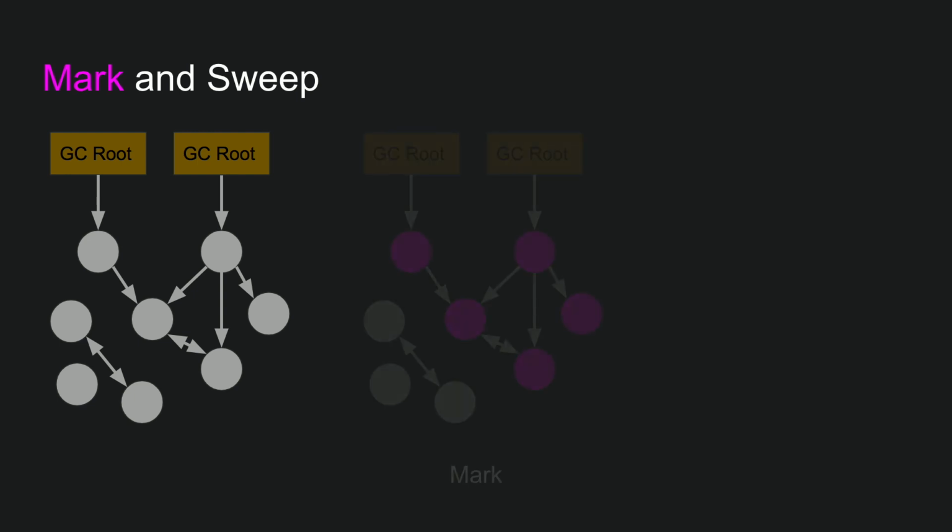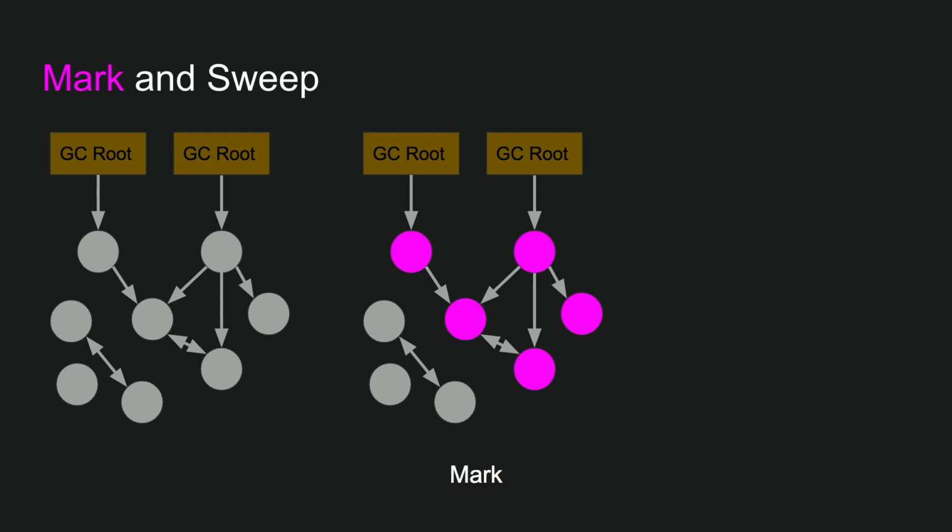So what the garbage collector does is in a first phase, it goes through and it marks all of the reachable objects. So there's a mark bit on each object. I've marked in pink each object that is reachable by traversing starting from the GC root. So we have some objects on the left part of the screen that didn't make the cut. That's sad. Those objects are called garbage.